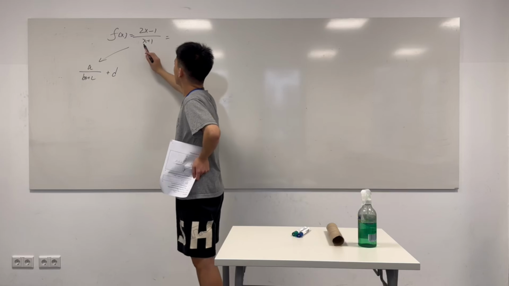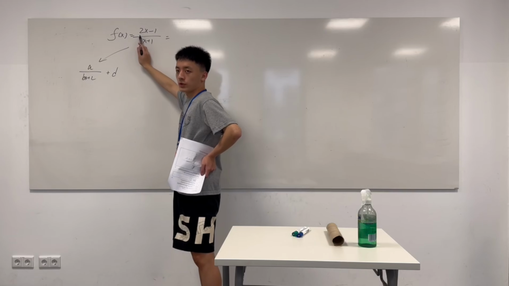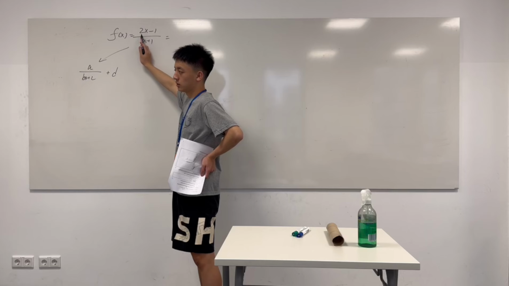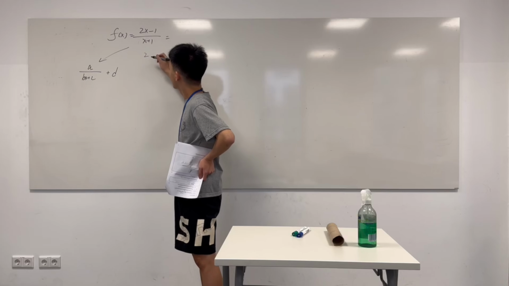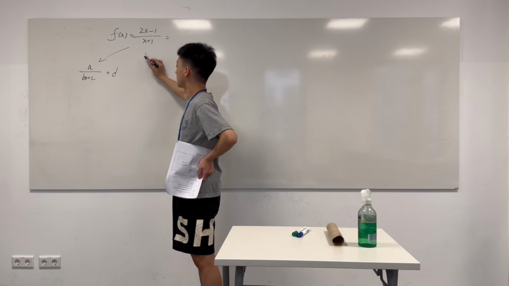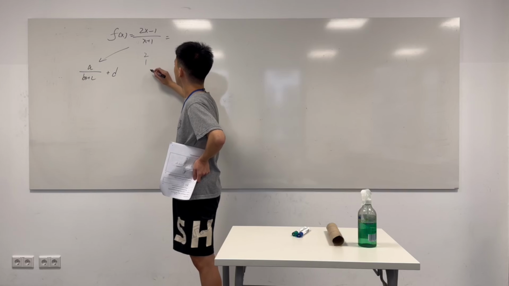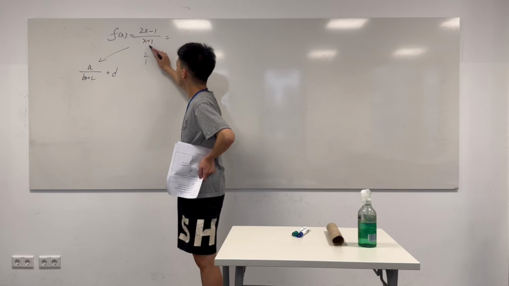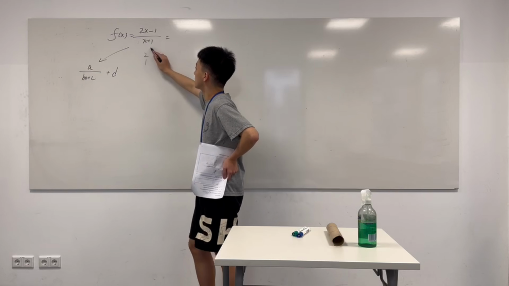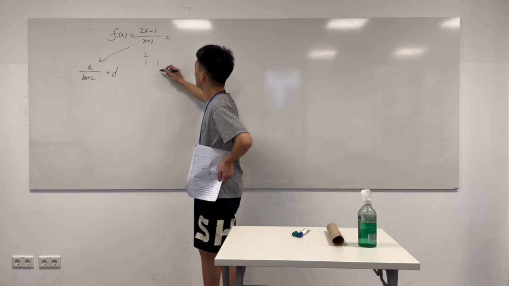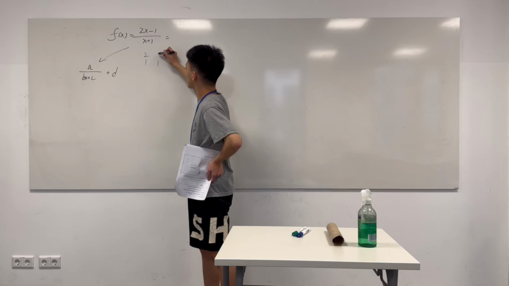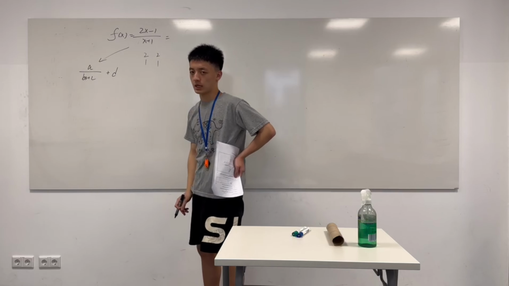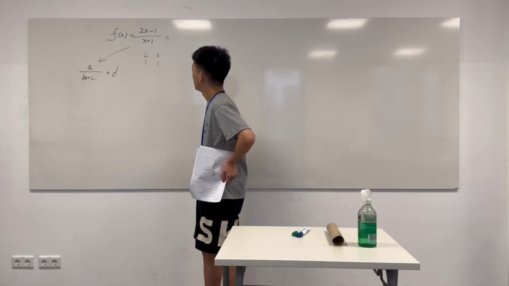I have a question. What's the coefficient of x at the top? It is 2. The coefficient of x at the bottom is 1. So 2, 1. And the constant term is 1. So we hope the bottom should have a 2. I don't know if you guys understand what I mean.